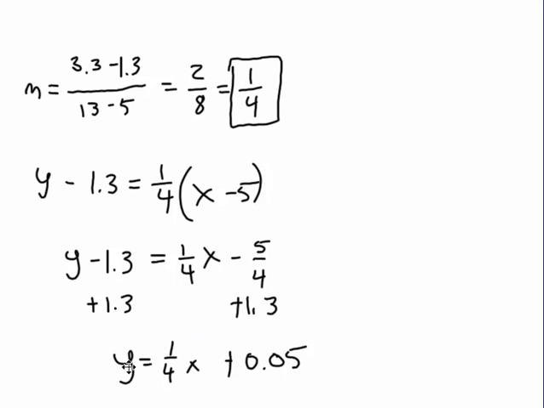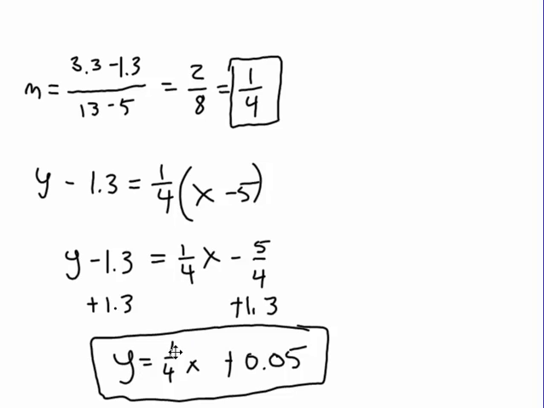So now we get the equation. This is the equation of our trend line. The equation of our trend line is y equals, well, since we're in decimals, let's keep it in decimals, 0.25x plus 0.05. So this is our trend line.